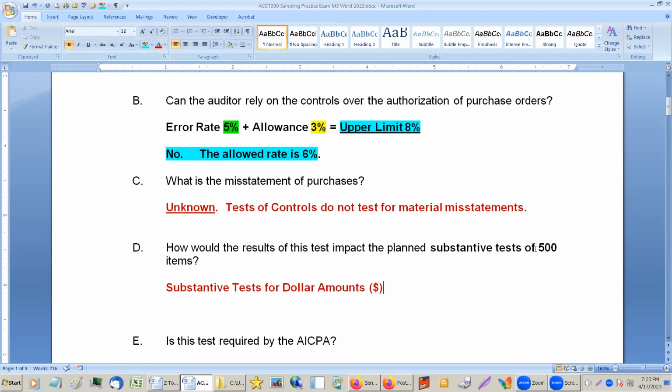Now, if originally we had planned, if we could rely on the controls, we would take 500. We can't rely on the controls. So are we going to increase or decrease the number of items we take? Originally we were planning on doing test of controls and relying on them.